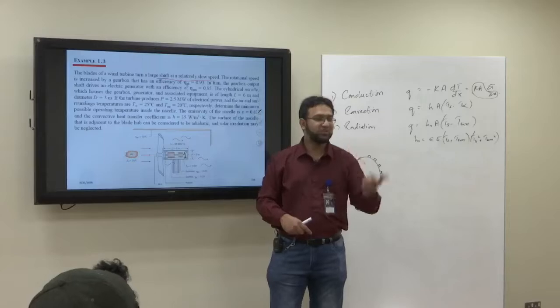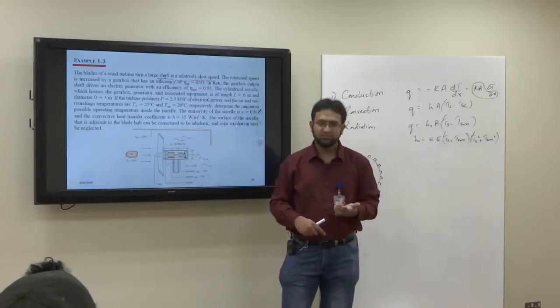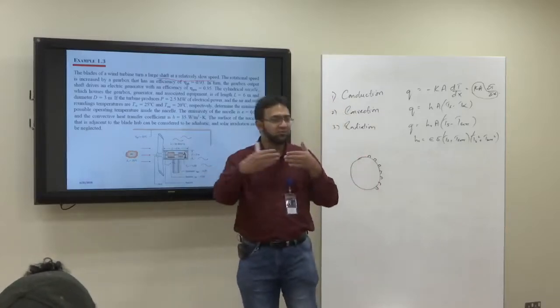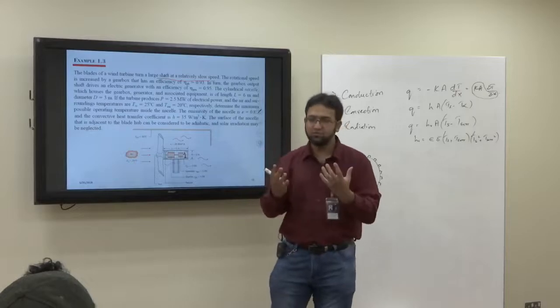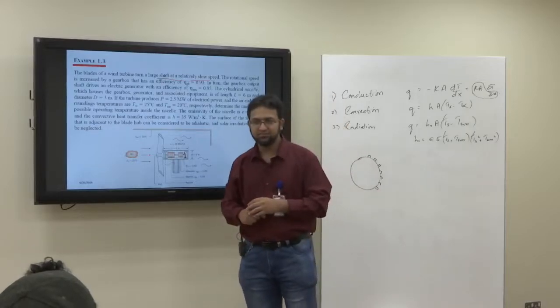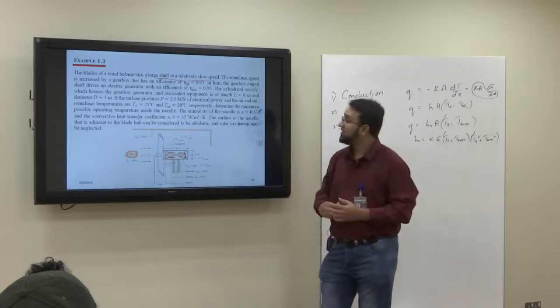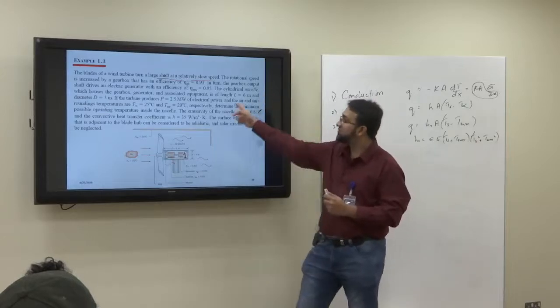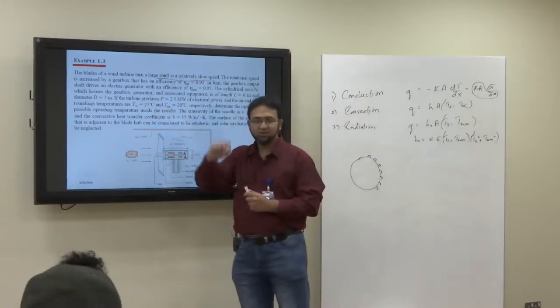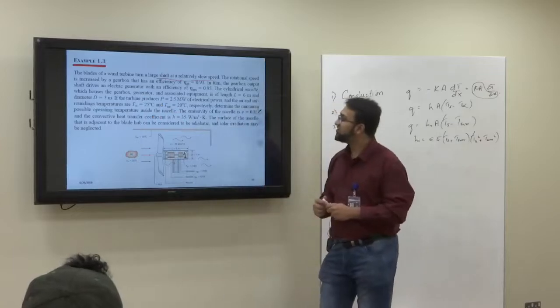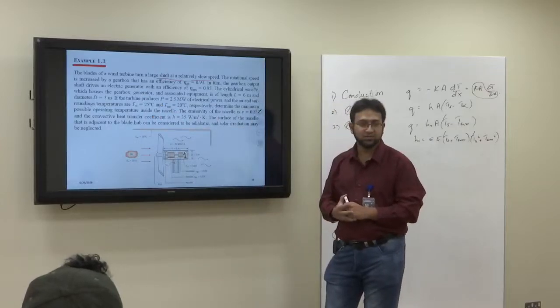So you increase the speed. Once the speed is increased, now if you connect it with a generator, it will produce a sizable amount of electricity. So the rotational speed is increased by a gearbox that has an efficiency of 0.93.